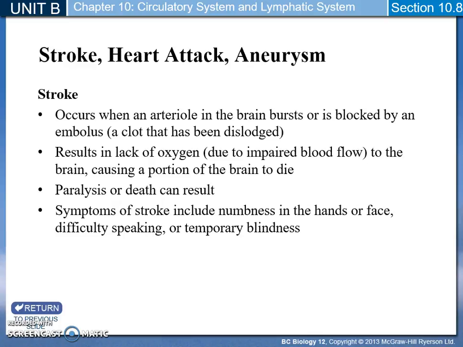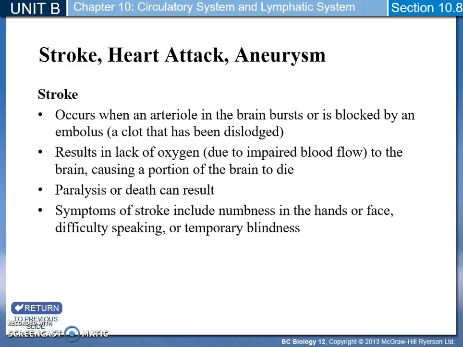Or by blockage by an embolus, a clot that has been dislodged. If you get a thromboembolus, which then lodges itself in an arteriole in the brain, that's what leads to a stroke. That results in a lack of oxygen due to impaired blood flow to a part of the brain, and that causes a portion of the brain to die.